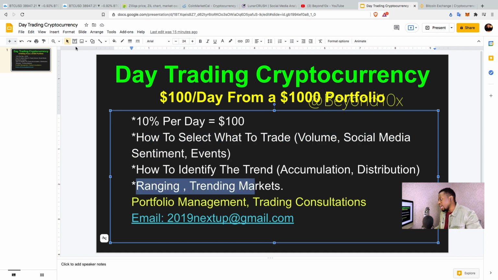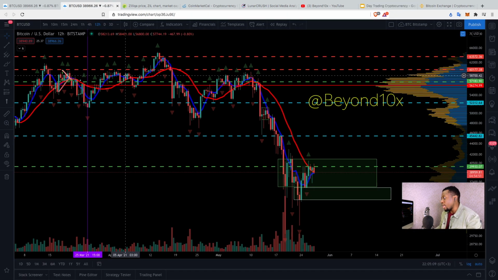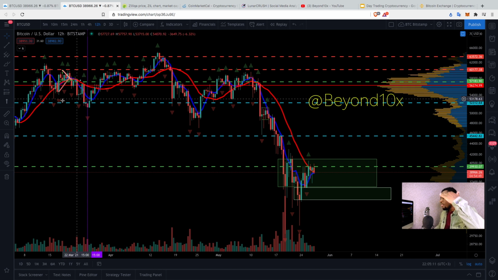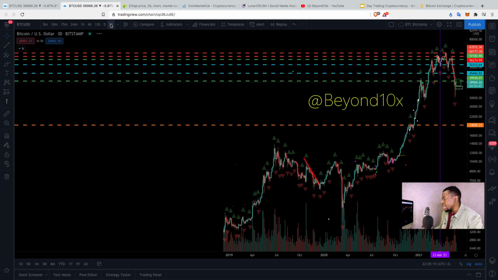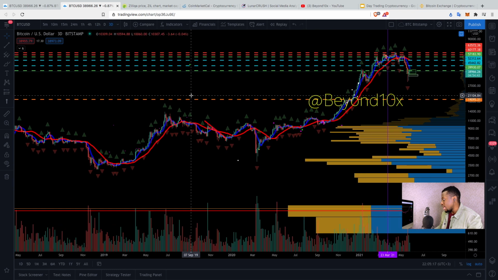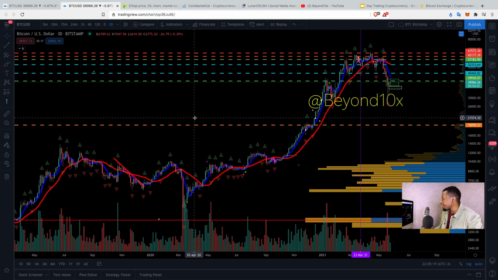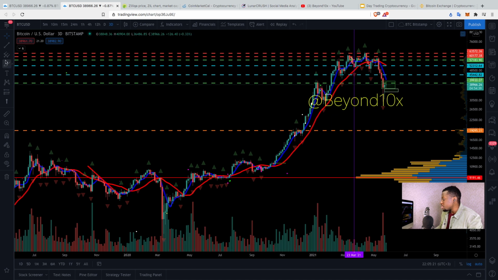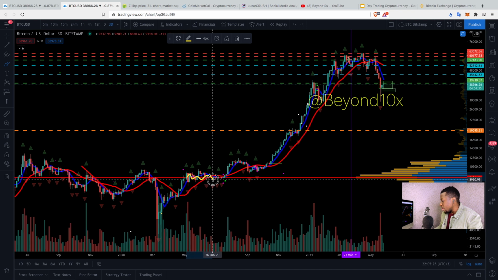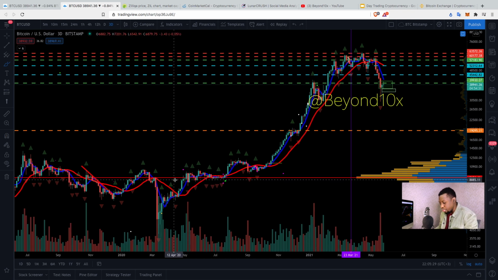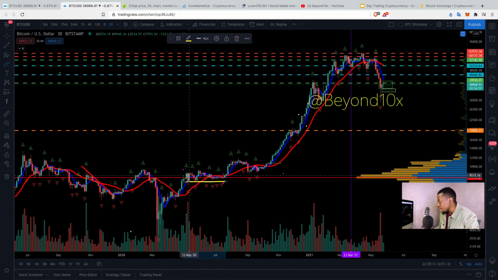Okay, so a ranging market is a market which is bound by two boundaries. For example, let's go way back in time. Let's talk about this particular area. If you look at Bitcoin, this particular area was a ranging market because the price of Bitcoin was bound in a specific area.